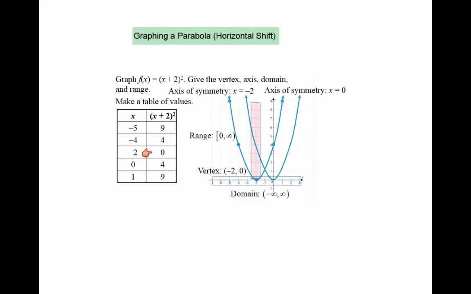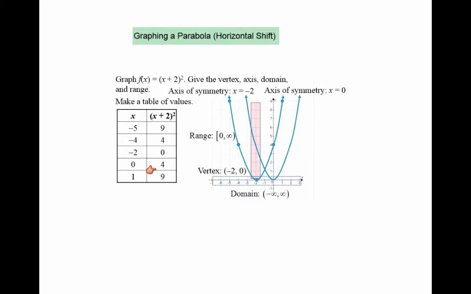Now, if I were going to graph this, I can come up with some points here. If x is equal to 0, for instance, if I substitute 0 here, f of x or y would be equal to 0 plus 2 squared, which is 4.